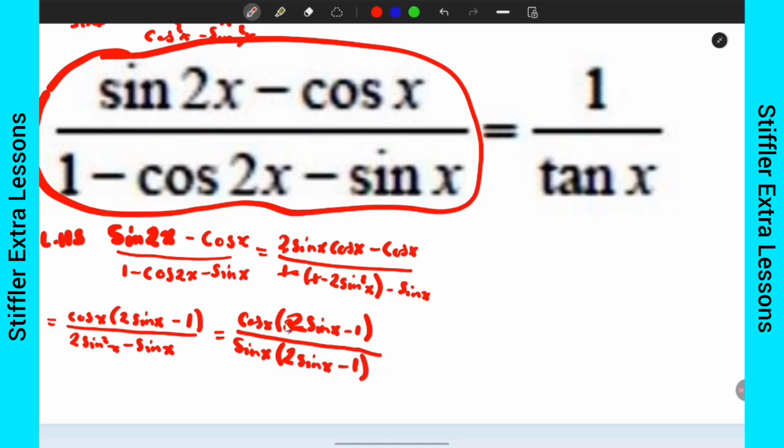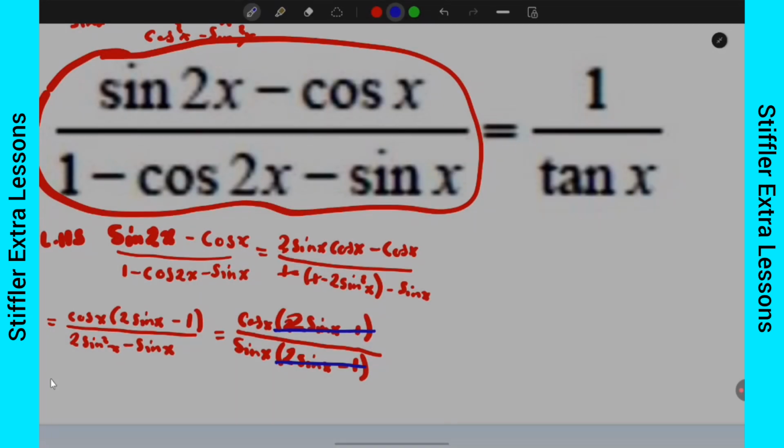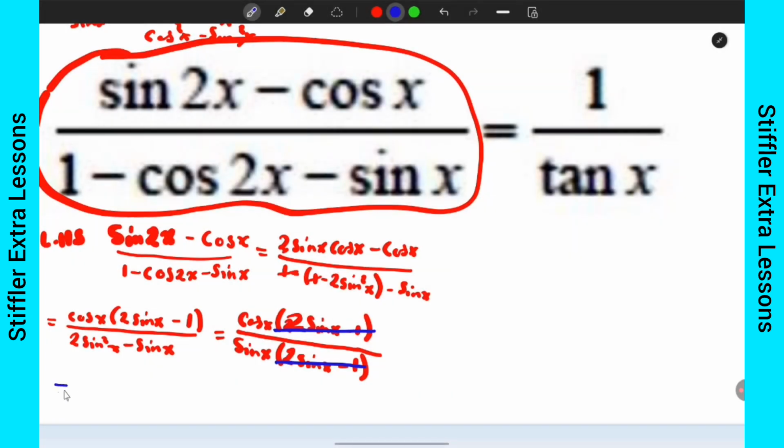So now we can see that we have 2 sine x minus 1 and 2 sine x minus 1. So this and this can cancel out, and we'll be left with cos x over sine x.